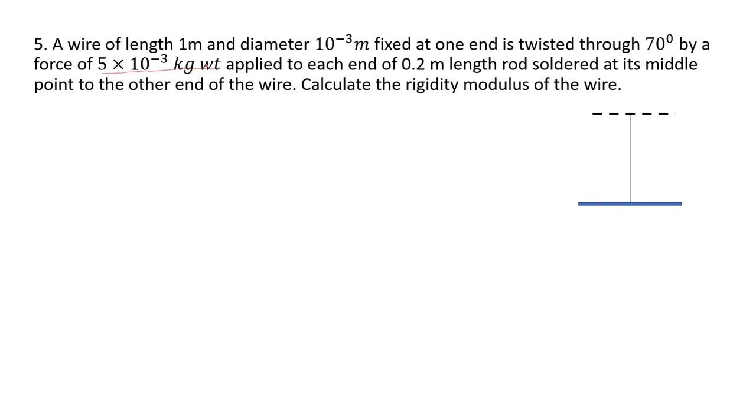So, on rearranging we can find the rigidity modulus also. So, the question here is, what is the torsional couple tau? The torsional couple tau is also equal to the external applied couple.